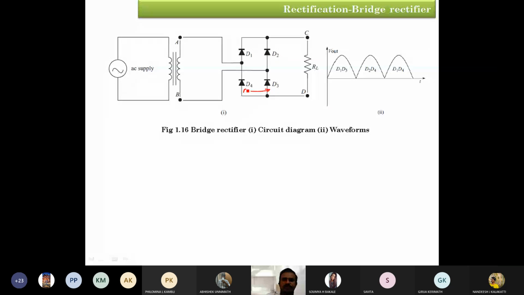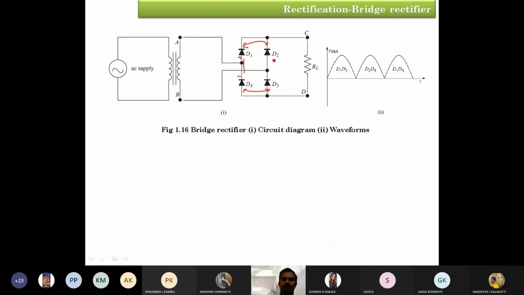If you look at the circuit diagram, the anodes of 2 diodes are connected, and the cathodes of another 2 diodes are connected. Then this bunch with the anode connection and the other bunch with the cathode connection are connected such that the circuit is complete. So D1 anode is connected to D4 cathode.